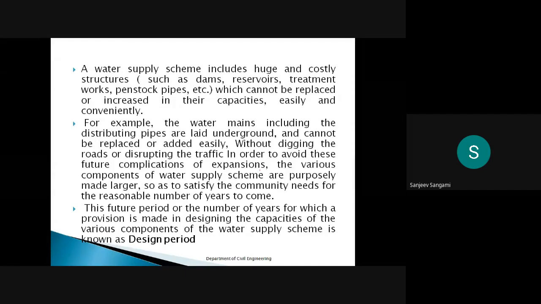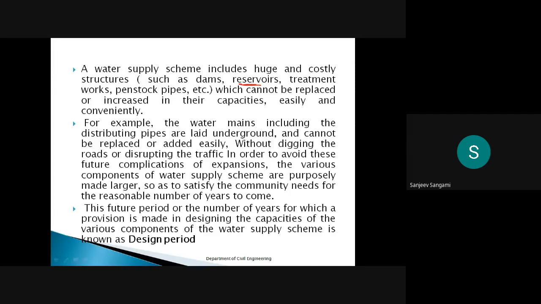Normally, water supply schemes include huge and costly structures. Why does this have to be done? For example, dams and reservoirs: you are not supposed to construct them repeatedly. So this always has to be a one-time investment, designed for a number of years. For example, the water mains, including the distribution pipes, are laid underground and cannot be replaced.